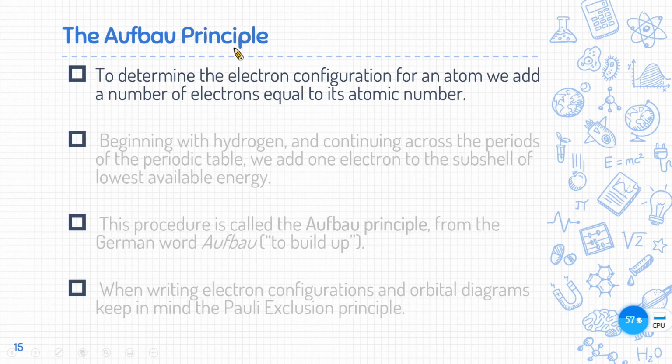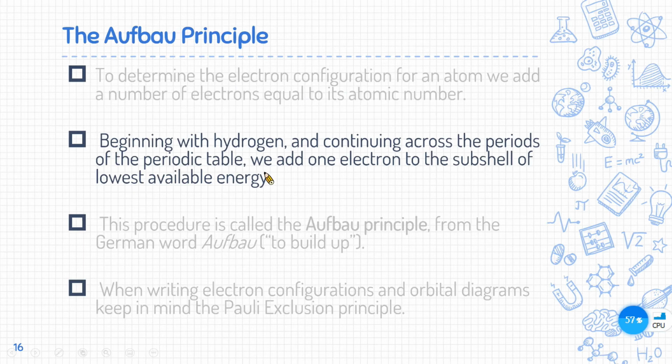The Aufbau principle. To determine the electron configuration for an atom, we add a number of electrons equal to its atomic number. Beginning with hydrogen and continuing across the periods of the periodic table, we add 1 electron to the subshell of the lowest available energy.